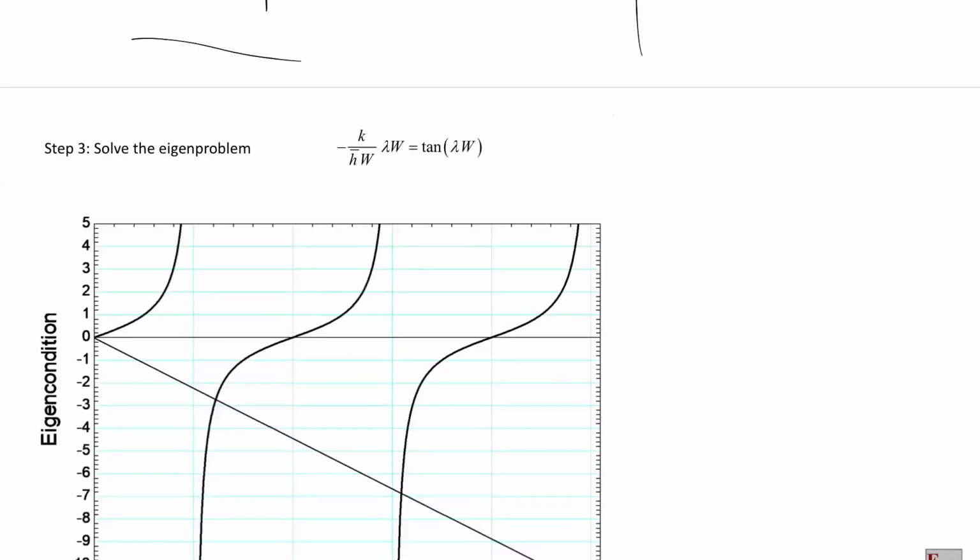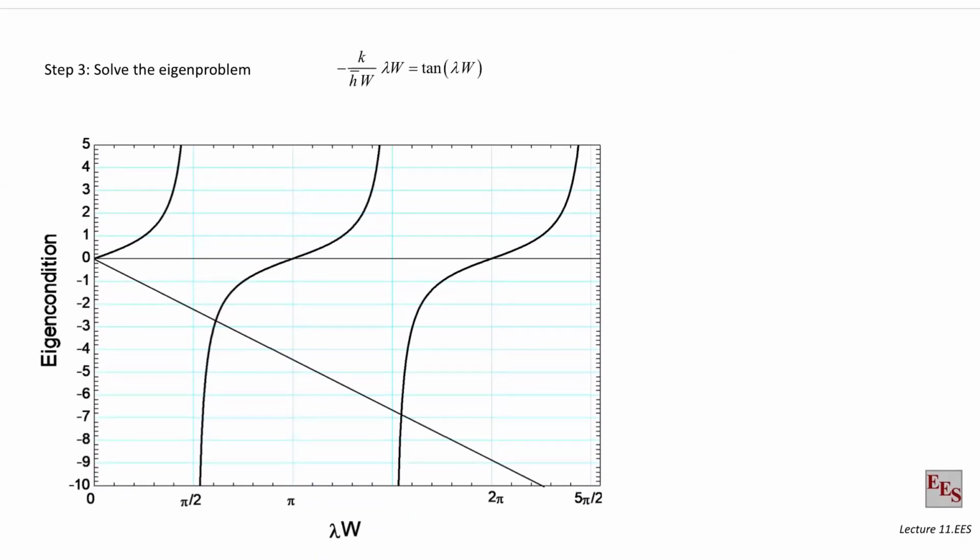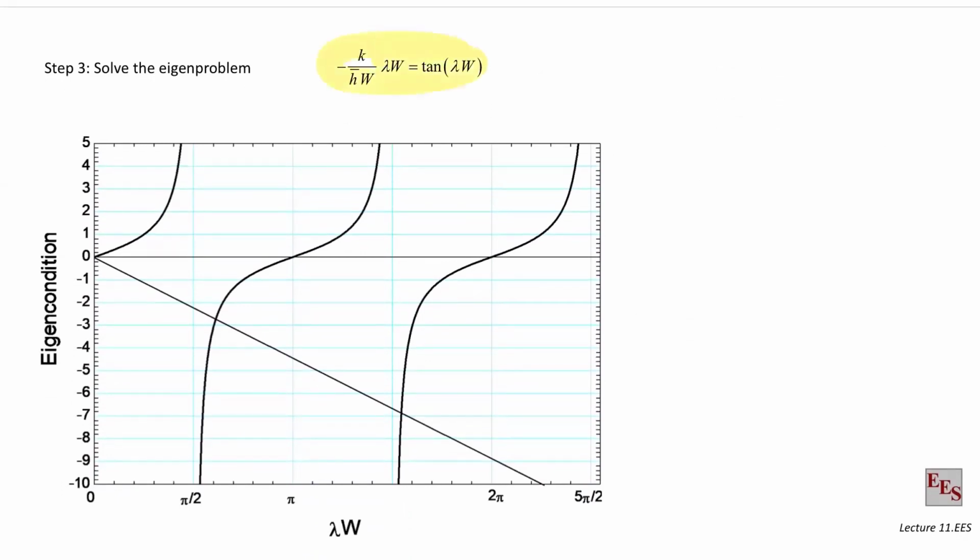Okay, so that's our next step. Here's our eigencondition, that's what we just decided we had. So how do we actually solve this if we can't explicitly solve for lambda? It turns out we can use a tool like EES, or any other root finding software. The underlying idea is to take what's on the right-hand side and what's on the left-hand side.